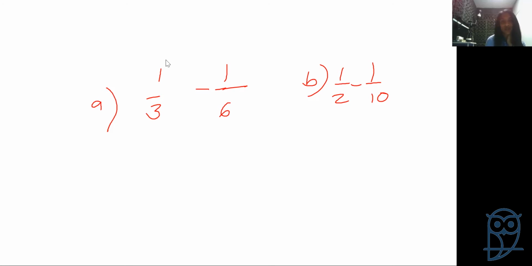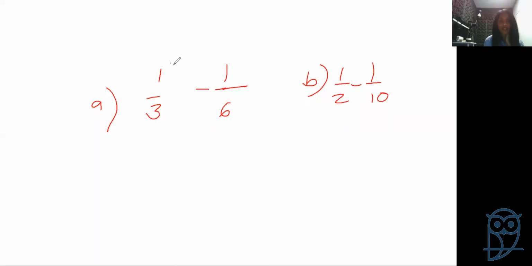Firstly, I need to multiply. Sorry, something's happened to my pen. It's decided to stop working. Okay, there we go. I need to multiply by 2 and multiply by 2.